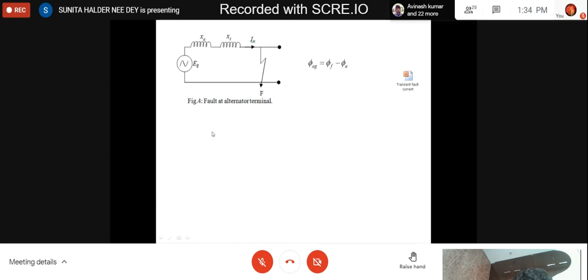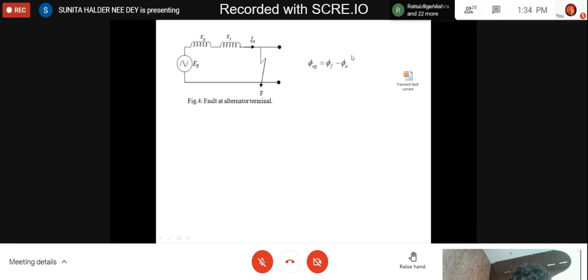Then you see, obviously this phi A is not normal when there is a fault. So in that case, damper winding will come into action. And as I have told, the flux produced in damper winding works in opposition to the armature winding flux.